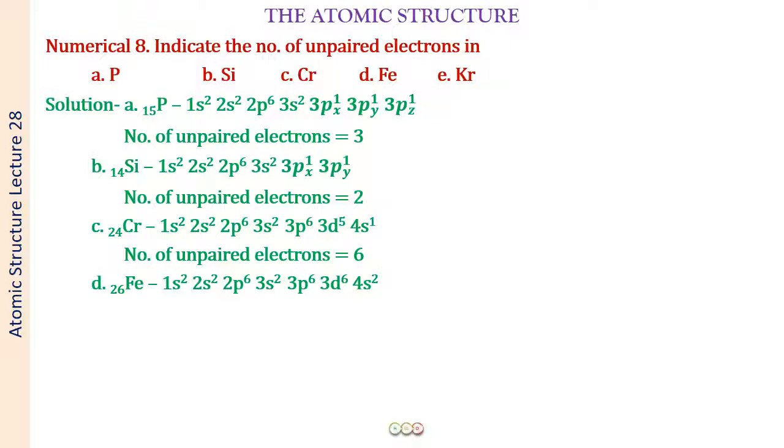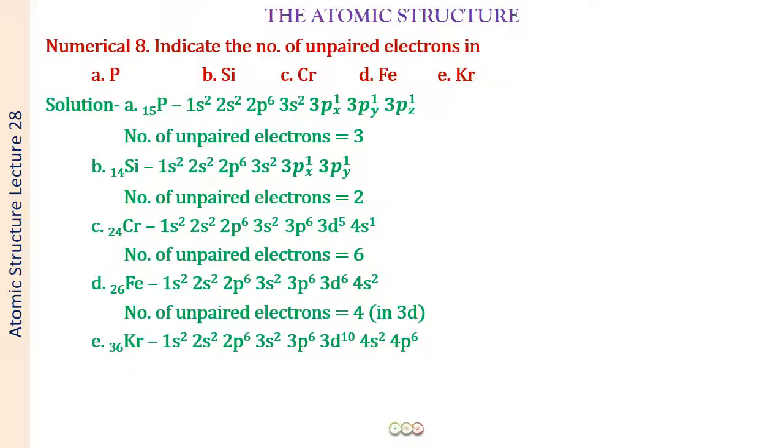So 3d6 means that there is pairing of one orbital of the d subshell, and that means 4 electrons will be unpaired. Then we have krypton with atomic number 36, and if you write the electronic configuration, you will see that there are no unpaired electrons, and krypton is a noble gas.